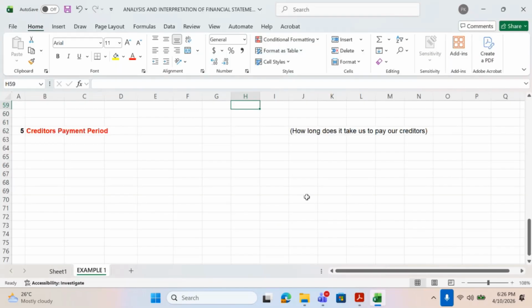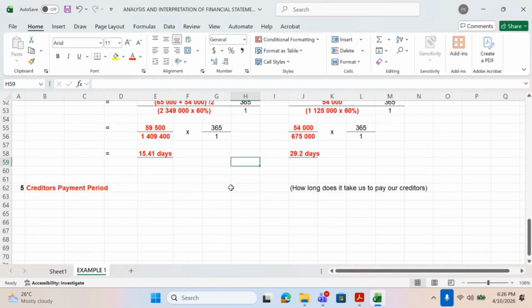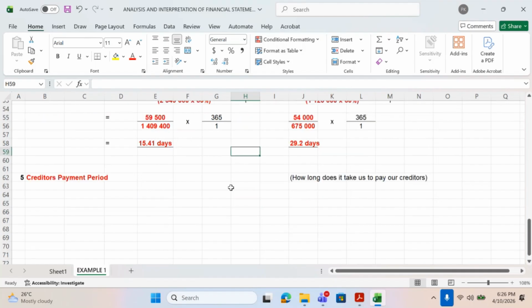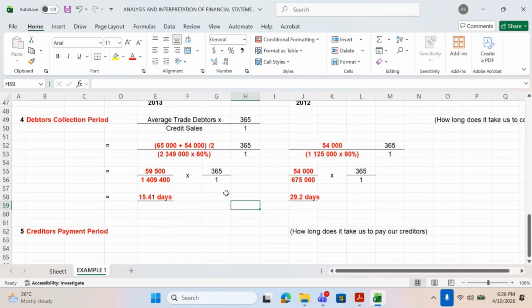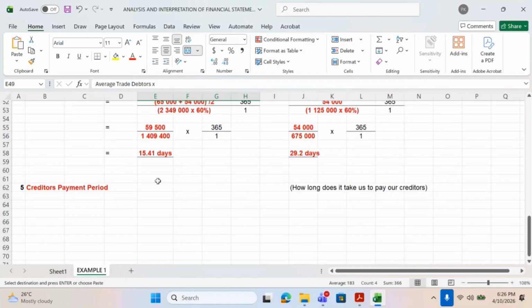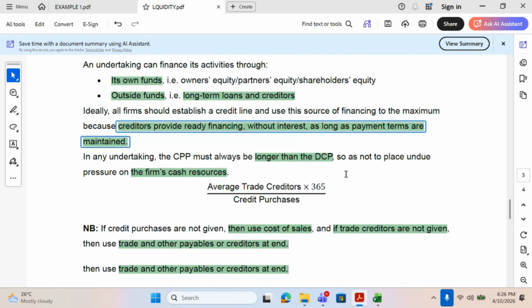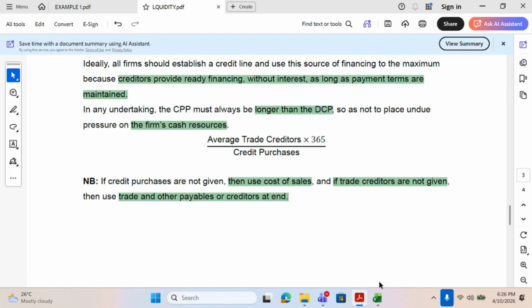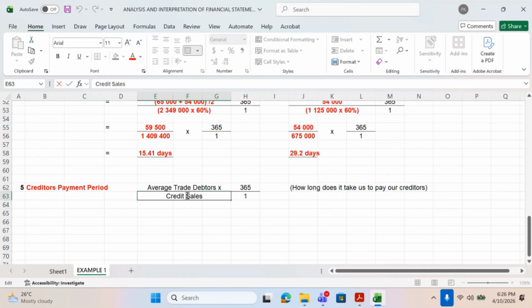Now we can go and start calculating, right? We go and start doing the calculation. So the formula here is saying average trade creditors over credit purchases. So here I'm going to have what?